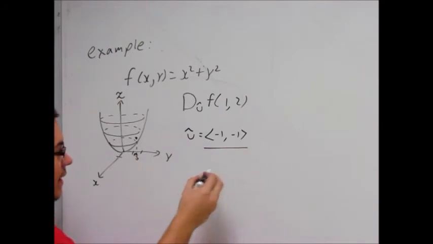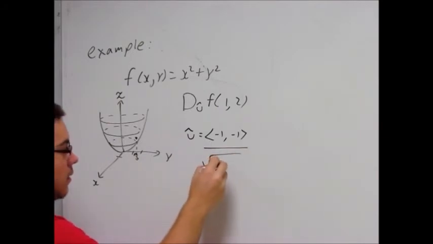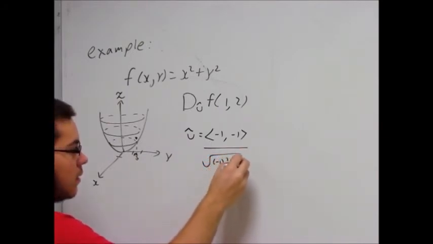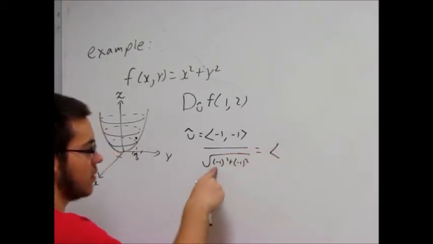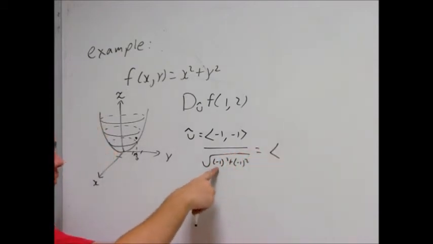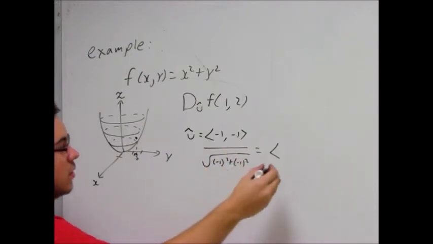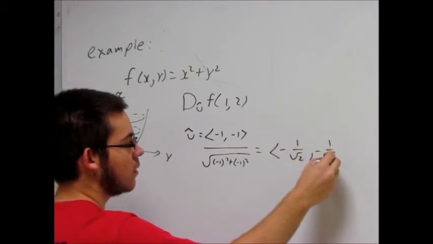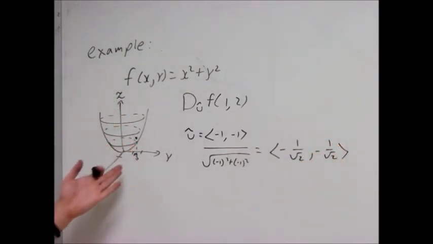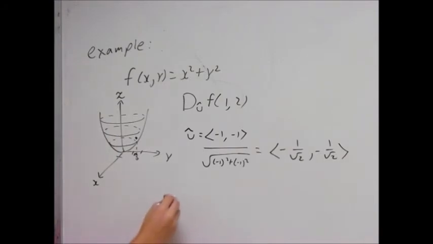So it's divided by its length. That would be, this is just 1 squared plus 1 squared, or (-1) squared is 1, 1 plus 1 is 2, so it's just -1 over square root of 2. And so in that direction, the derivative of this function is going to be the gradient of f dot product with u.